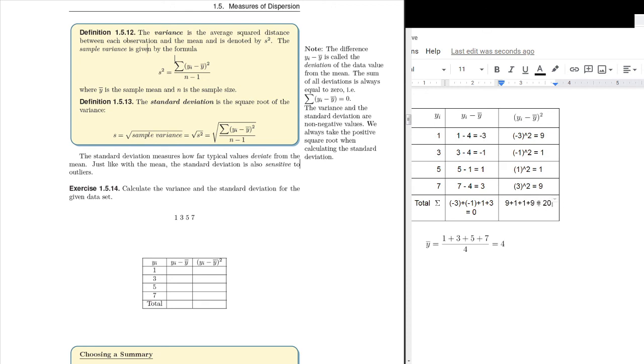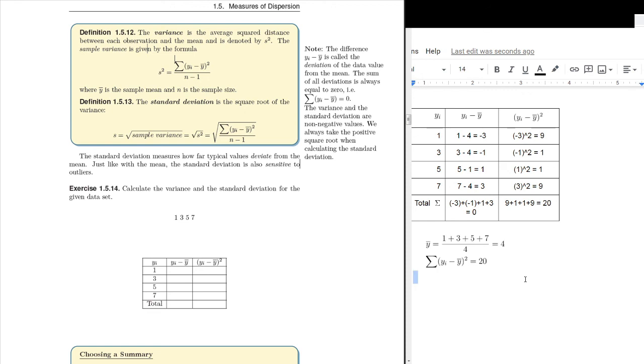So the value of 20 is the sum of the squared deviations. In other words, it is the numerator of the variance formula.